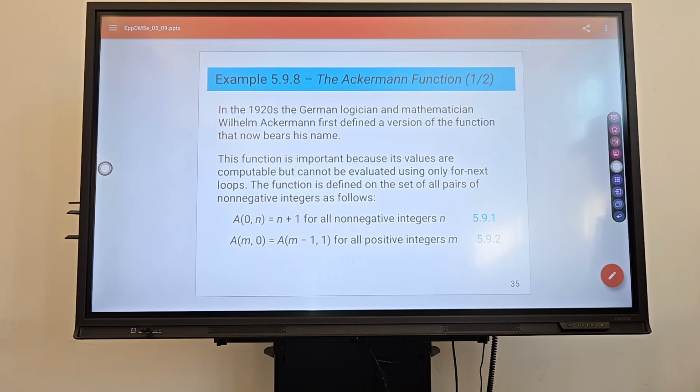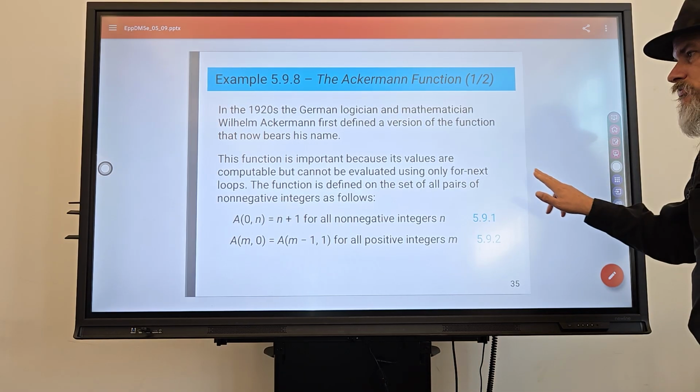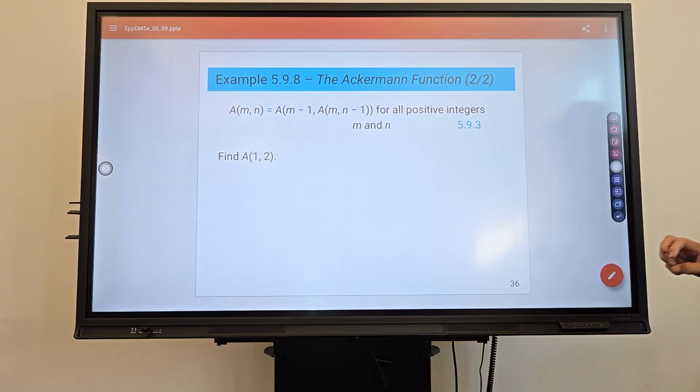A of m and 0 equals A of m minus 1 and 1 for all positive integers m. And A of m and n equals A of m minus 1 and A of m and n minus 1, for all positive integers m and n.